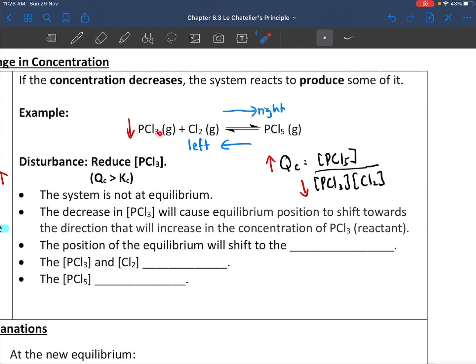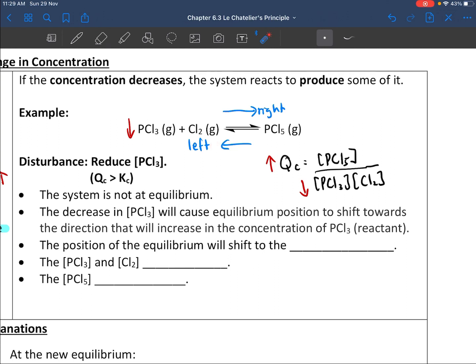So PCl3 ni bukan makin bertambah tapi dia makin berkurang, sebab dia hasilkan banyak PCl5. Tapi kalau daripada PCl5 pergi dissociate to form PCl3 and Cl2, so PCl3 punya concentration akan bertambah. So kiranya jawapan kita for this one adalah shift to the left.